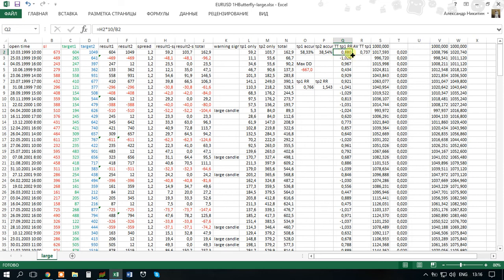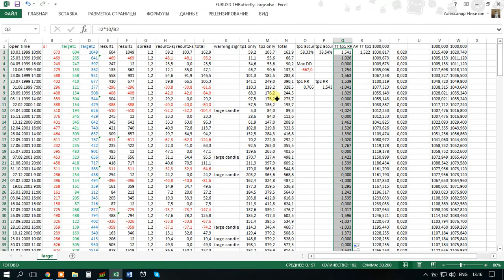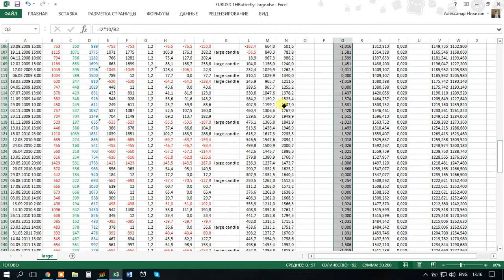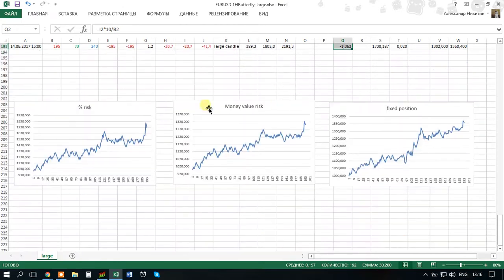So we should do some adjustments here. Instead of target 1 results, we should have target 2 results. It is here, target 2. Okay, and now let me fill in all the tables.